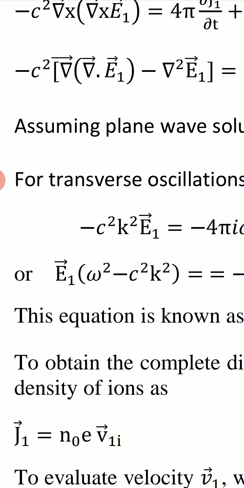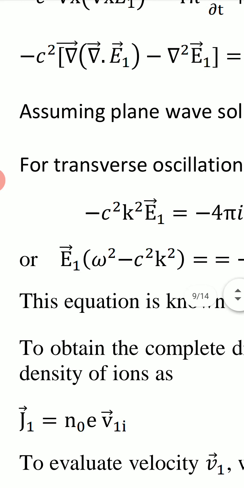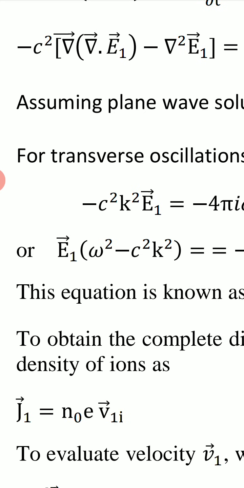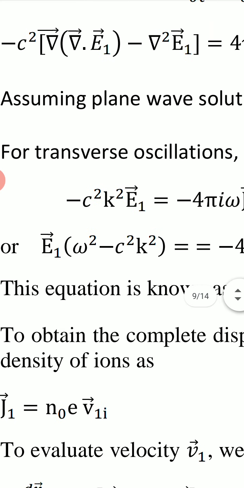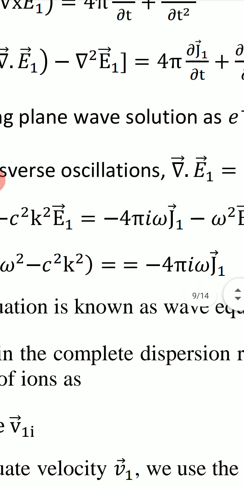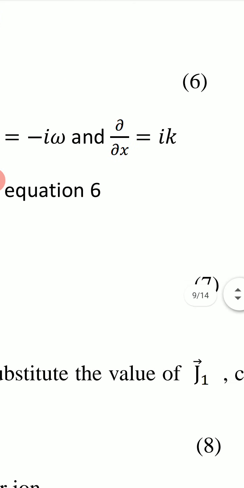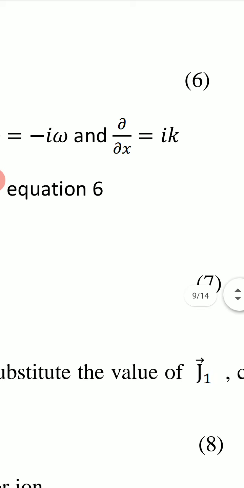Then the term remaining is plus c square del square E1. So it is c square, and del square E1 is written as minus k square E1, because delta upon delta x is ik. If we differentiate with x two times for d2 upon dx square, we get ik into ik, that is minus k square.